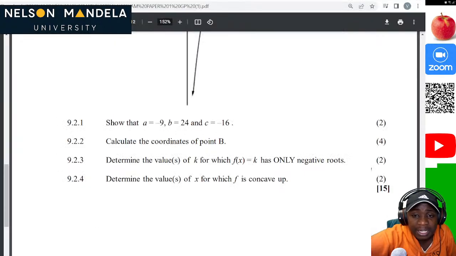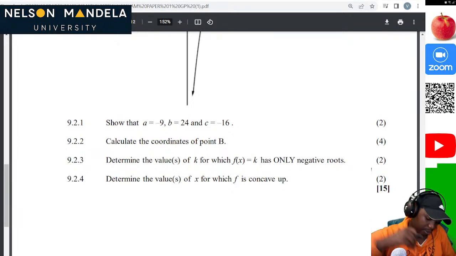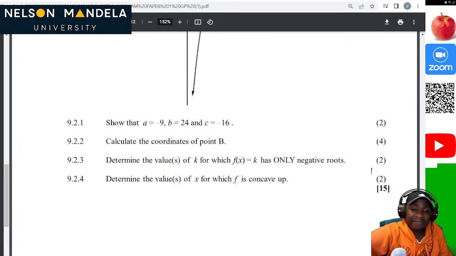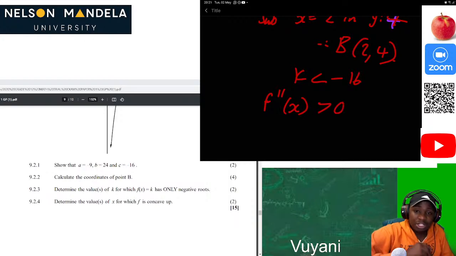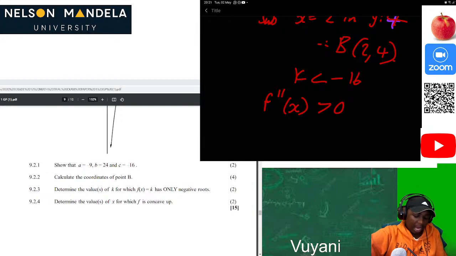Now let's proceed. Determine the values of x for which f is concave up. We know that f is concave up where the second derivative, f double prime of x, is greater than 0.